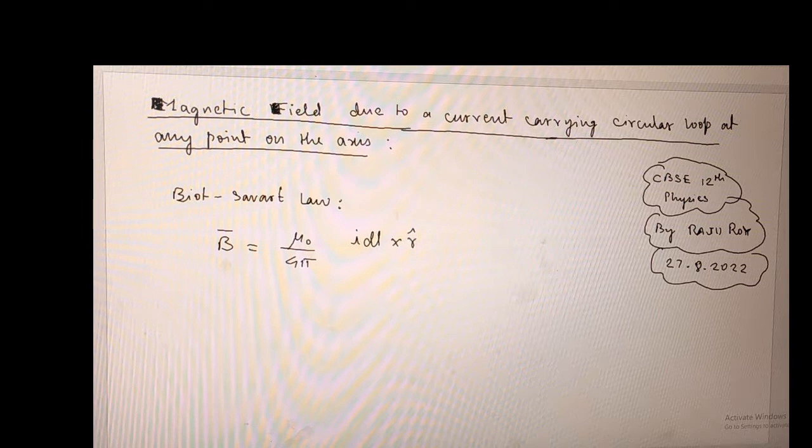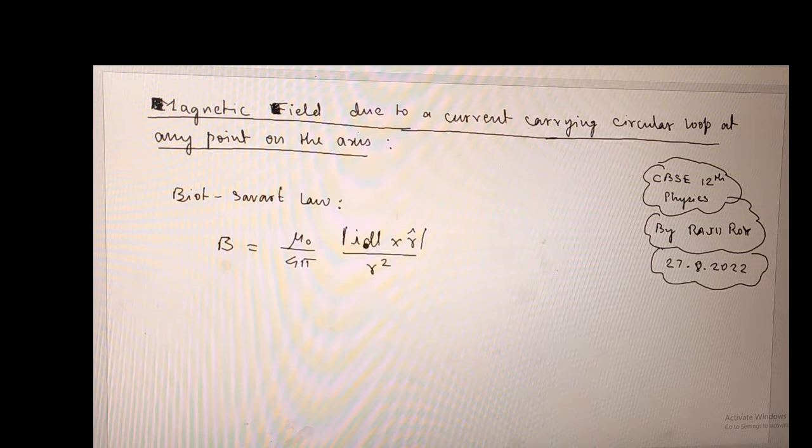If I take only the magnitude, I'll tell you about the direction later, because a vector means it will have magnitude and direction. So let me take the magnitude, mod, divided by r square.